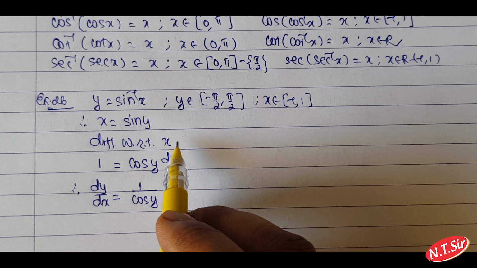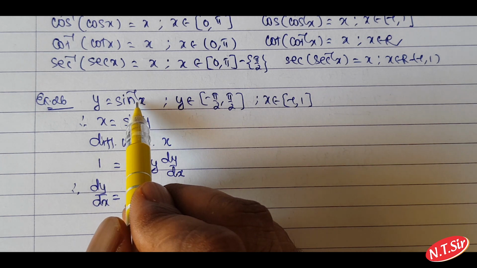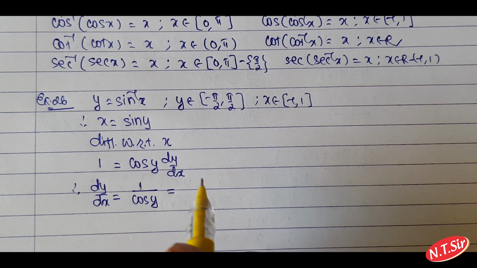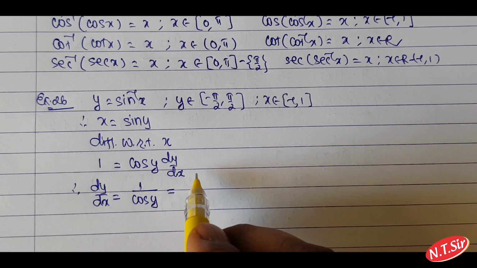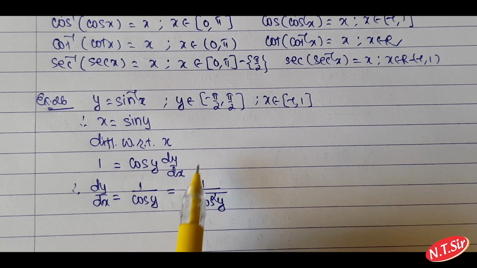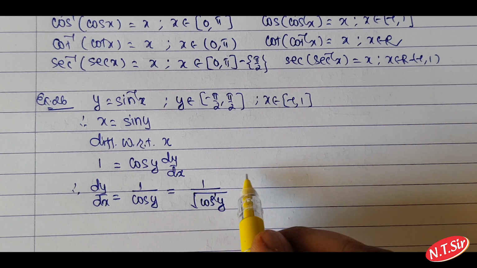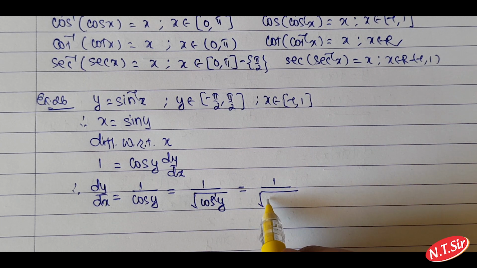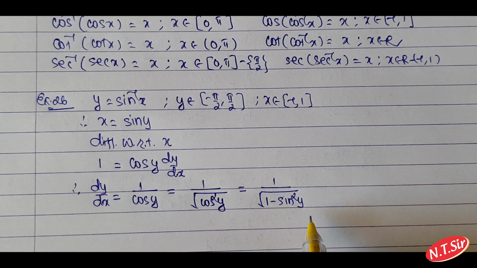Now what is y? y is sin inverse x, right. Or let us do another thing: 1 upon under root cos square y, because y belongs to minus pi by 2 to plus pi by 2, so cos is always positive, right. So now this cos square y, can I write like this, under root, instead of cos square we can write 1 minus sin square y, right.